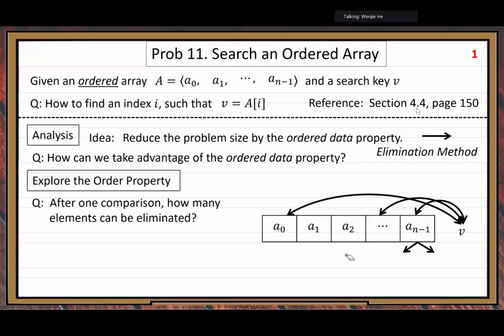So there are two possibilities, two cases. When we go to the right branch of the comparison, that's the best case, right? That means V is greater than the last element. Then we can already make our conclusion after one comparison.